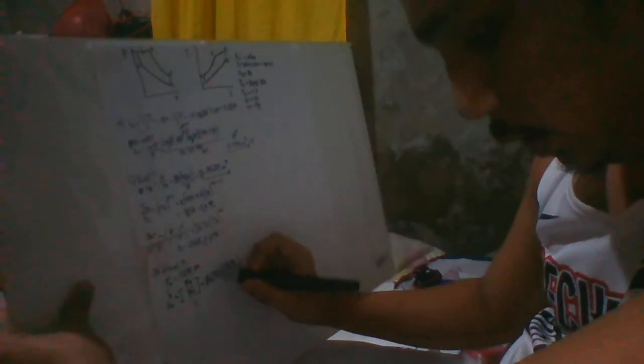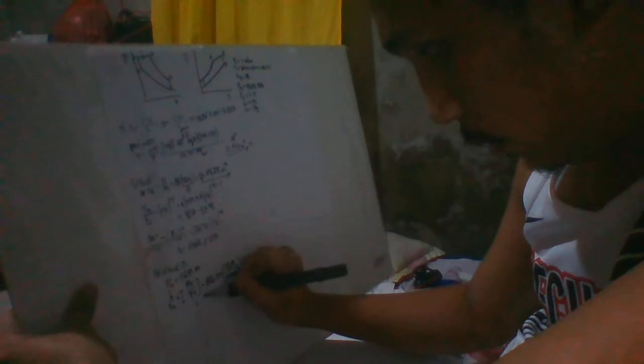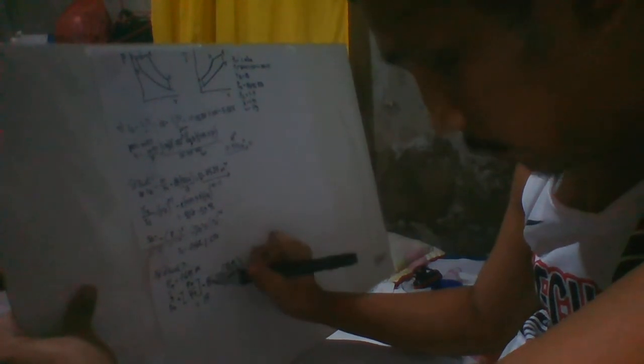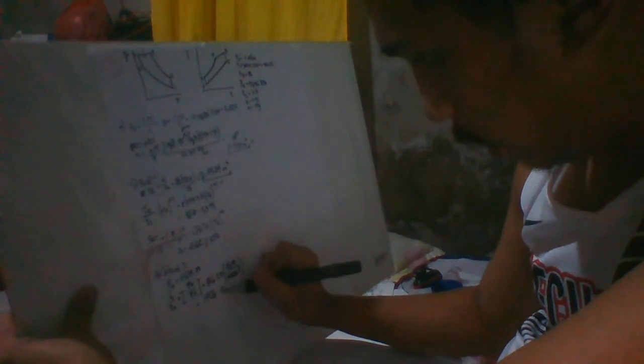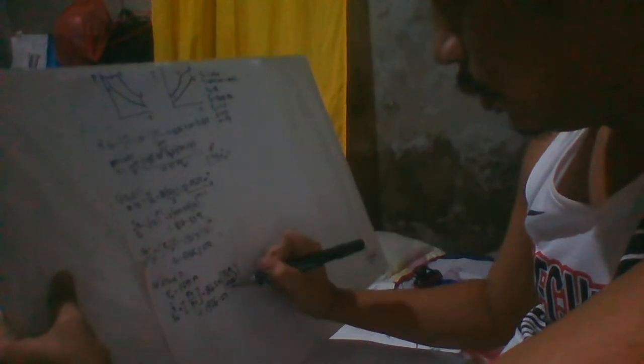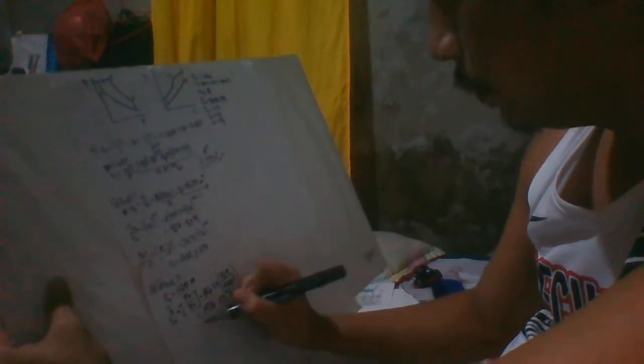Solving this equation, we will have a temperature 3 of 1,406.23 Kelvin.